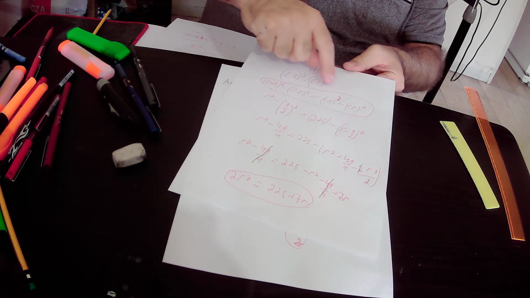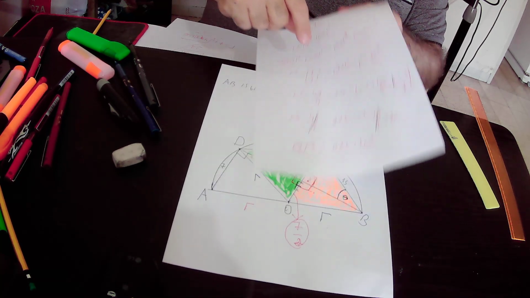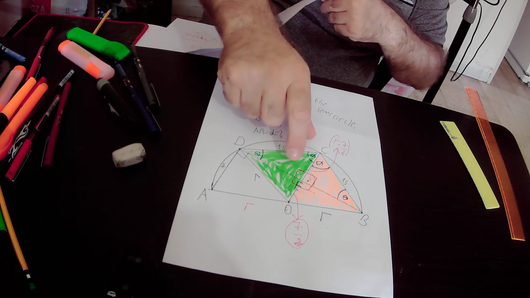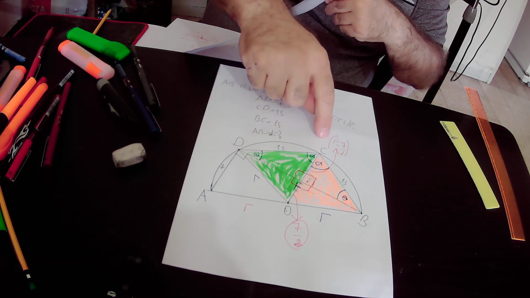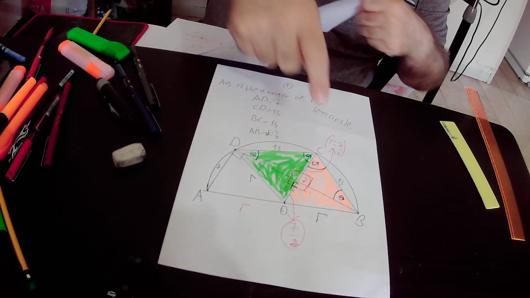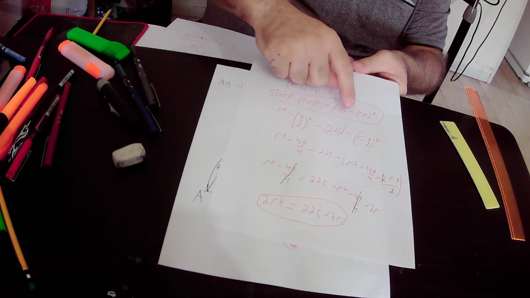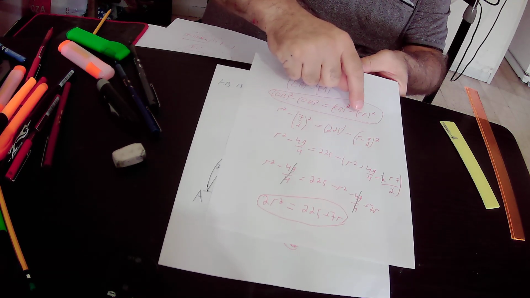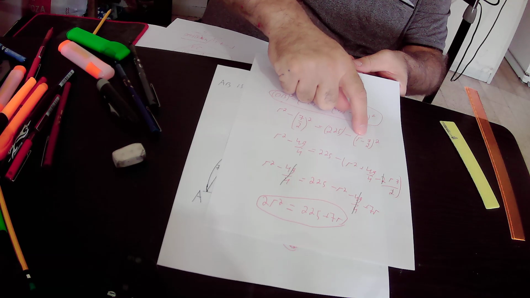And CE equals R minus 7 over 2, so CE square is R minus 7 over 2 square.